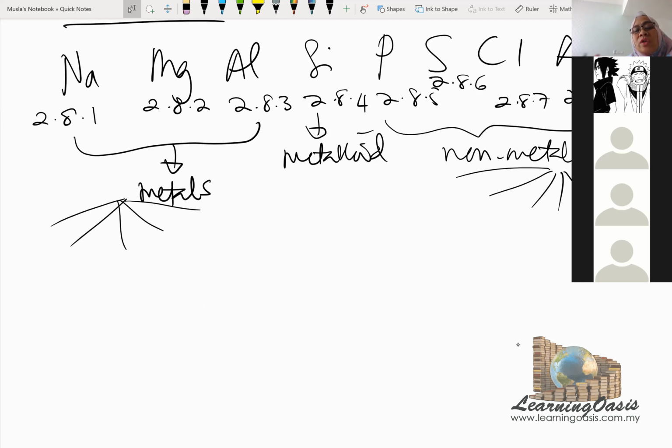So for sodium to have octet stability, what will it do? Marcus, how does sodium achieve octet stability? By losing 1 electron. By losing 1, it forms what?